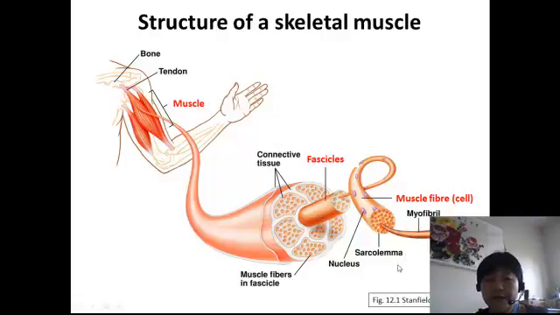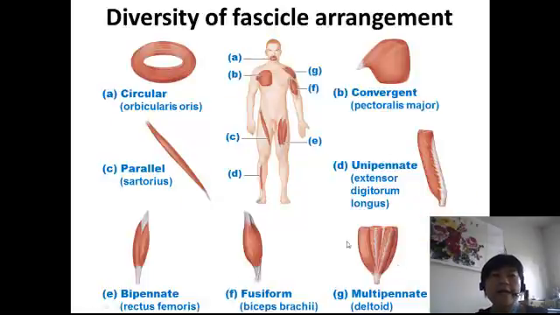So let's look at the muscles in more detail. Here is the diversity of fascicle arrangement in the body. Type A is circular, occurring for example around the mouth.